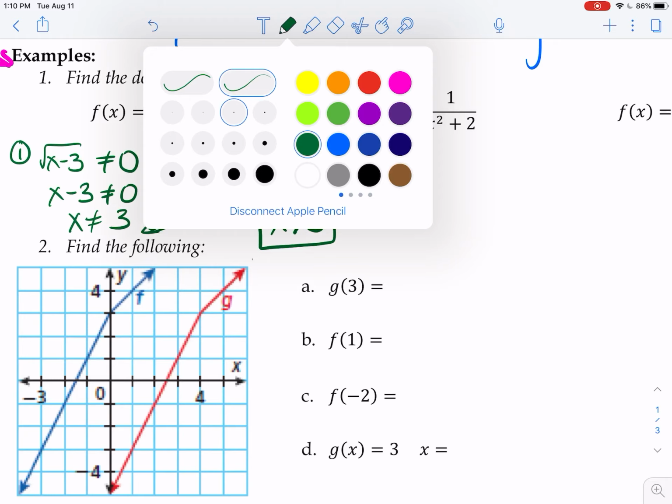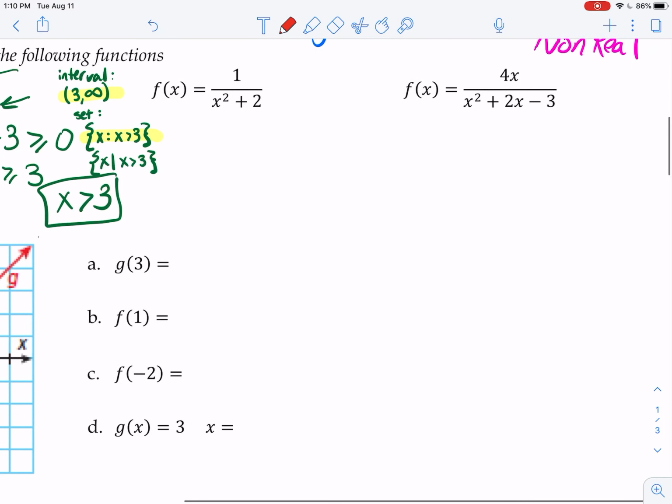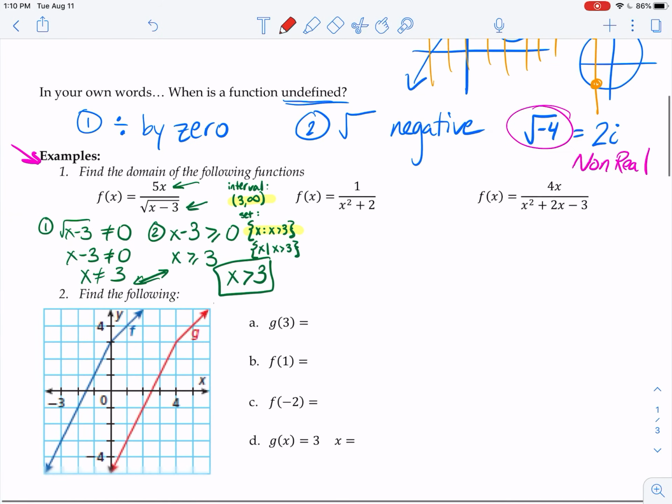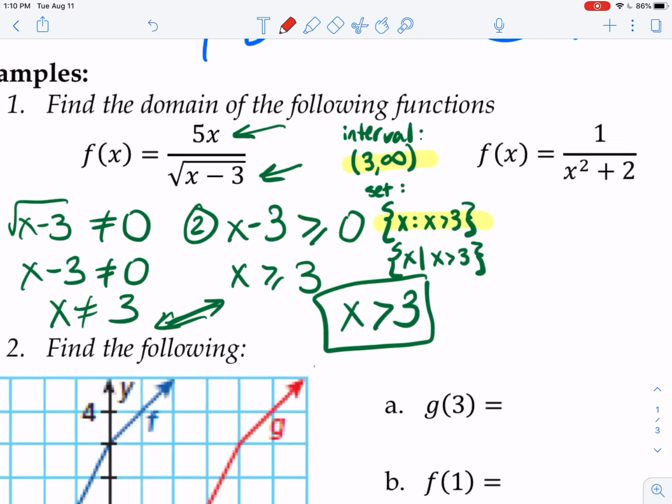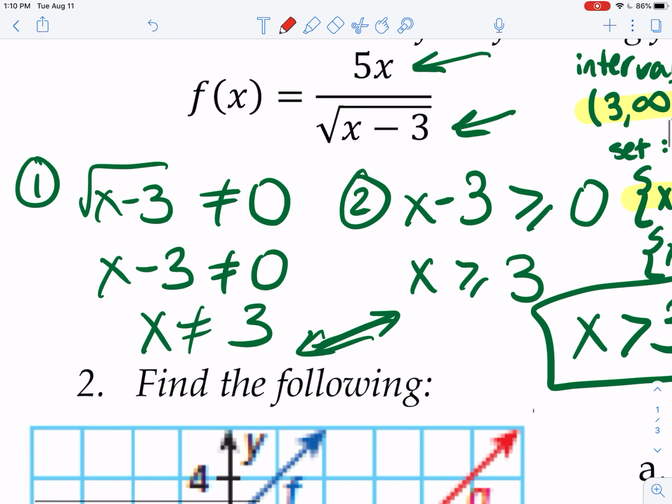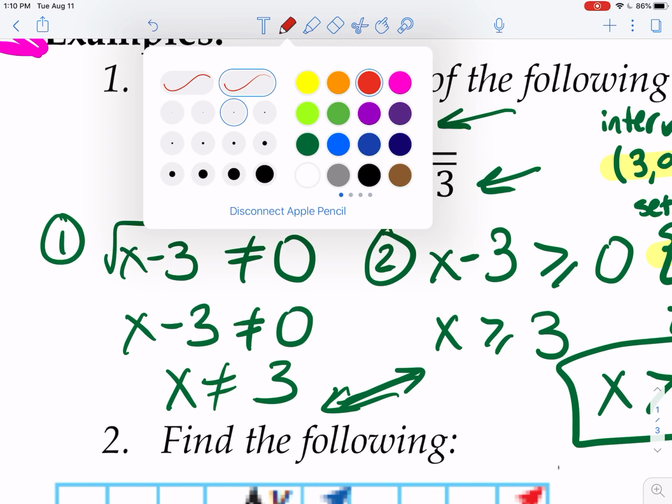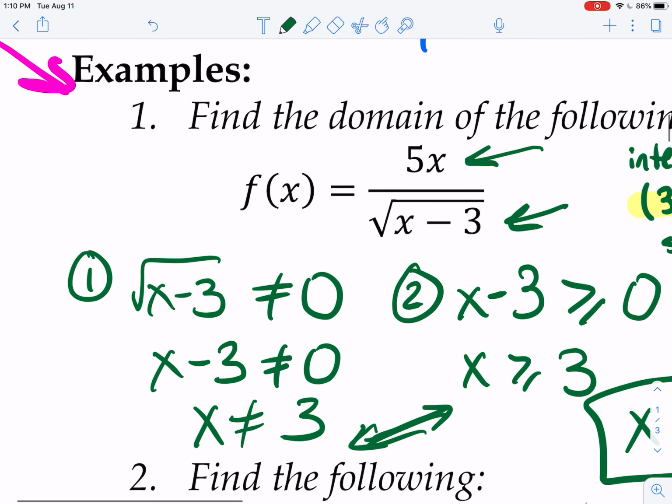Continuing on, let's pick a new color. Actually, let me come back to that first one. Once I know what I'm doing, I wouldn't necessarily apply both rules separately. I would say this is in the denominator and it's got a square root, so this x minus 3 has to be greater than 0.